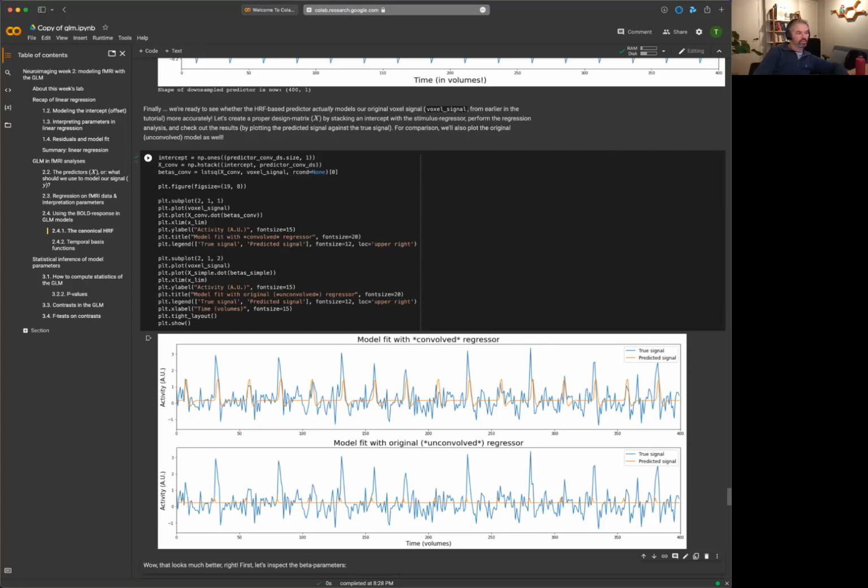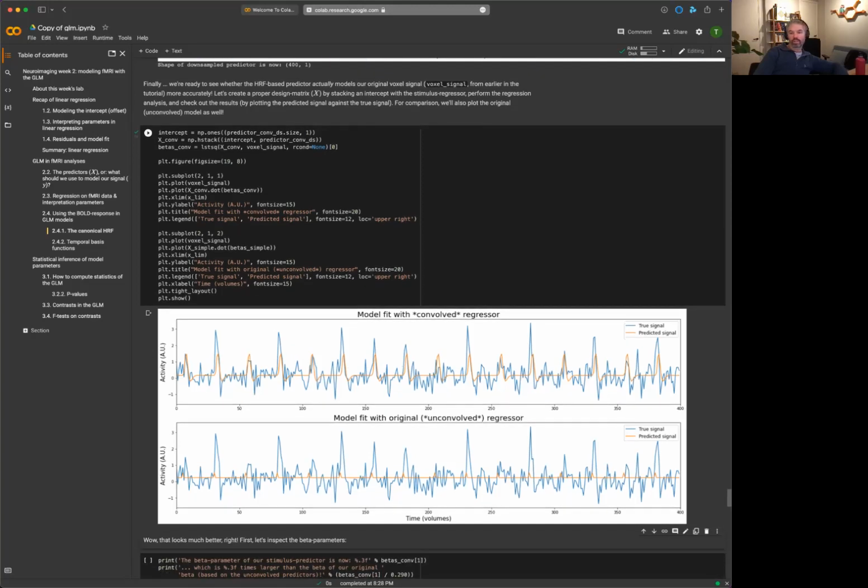Here you see the amazing result: fitting using this hemodynamic response function gives you a much better explanation of the data than you had before. So here's that example of what it looked like before, and here's what it looks like now. It's much better, right? We're explaining much more of the variance of the signal. You can immediately see that.